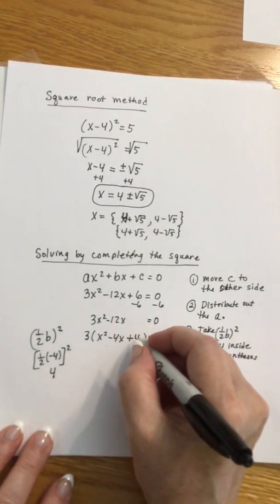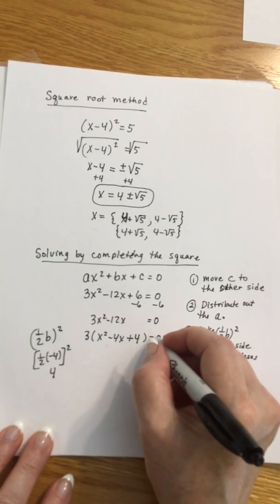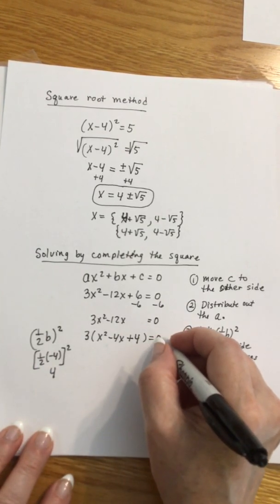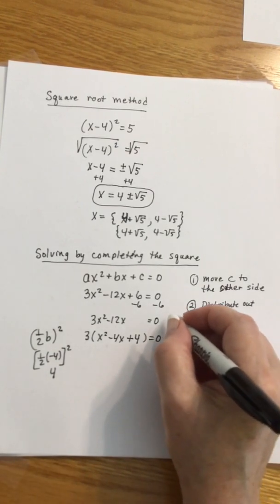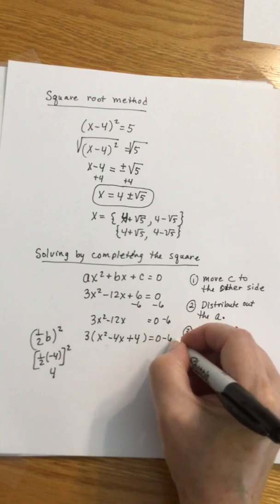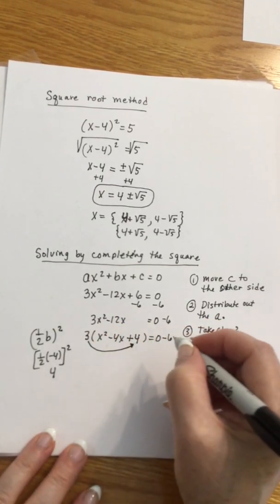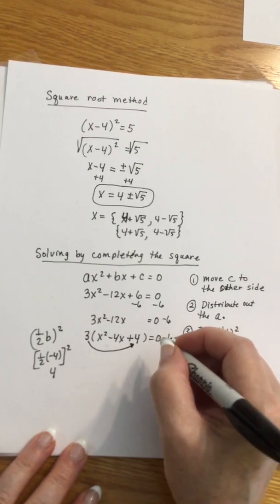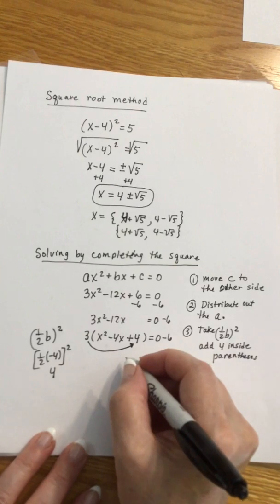Now what we have to check into: we can't just add arbitrarily a number on one side of the equal sign. We have to add something on the other side of the equal sign to make up for it. So what we did was we really added 3 times 4, which was 12.